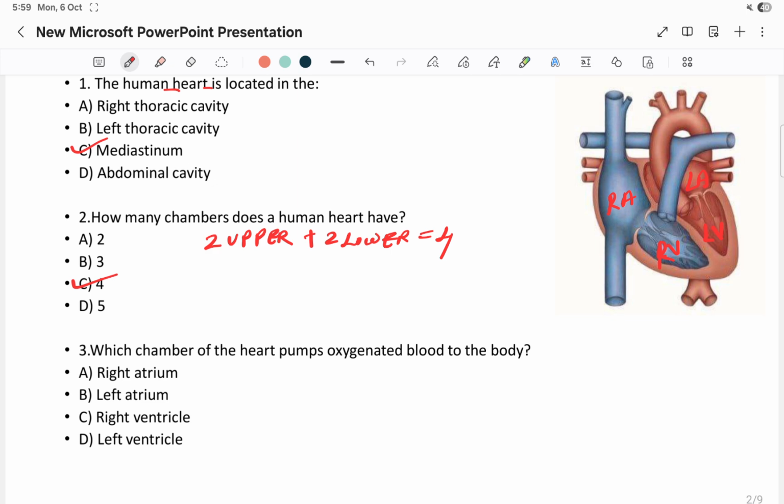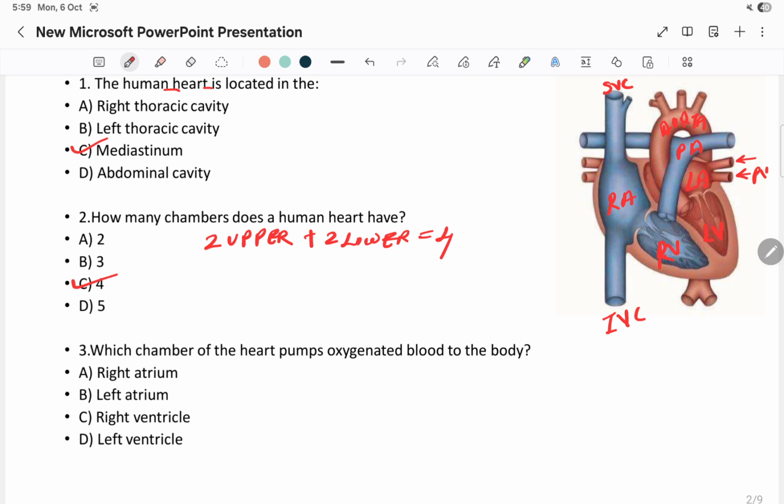Now let us have a quick discussion about the blood circulation in the human heart. Here we can see the SVC and IVC, superior vena cava and inferior vena cava. This is the right atrium, left atrium, right ventricle, left ventricle. This is the pulmonary artery, this one is the aorta, and this one is the pulmonary veins.